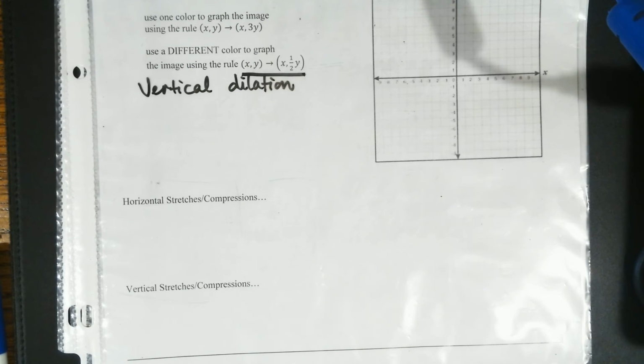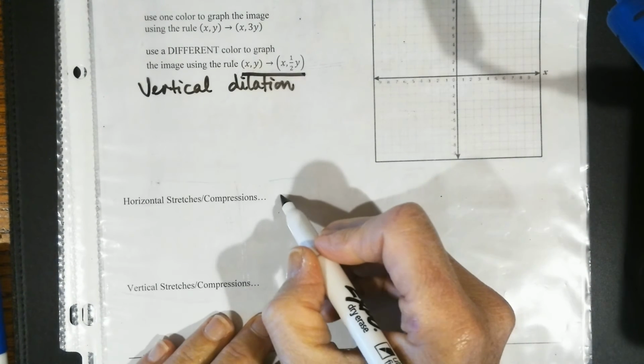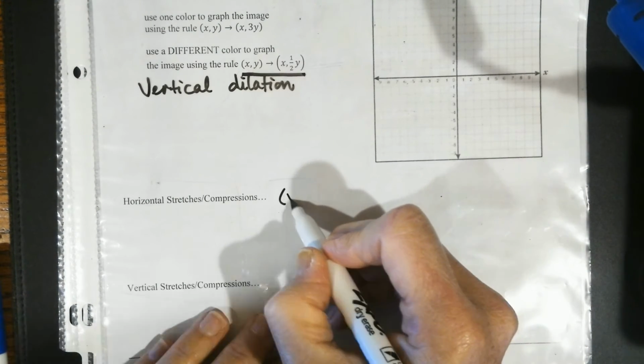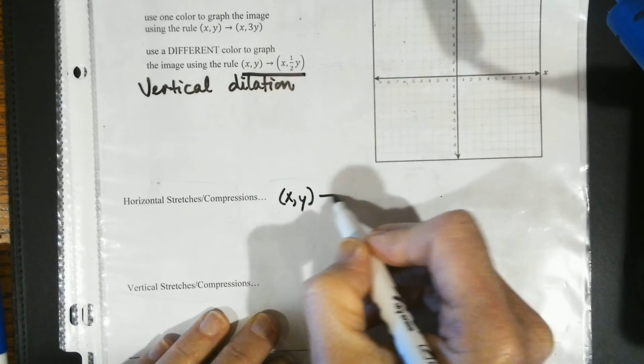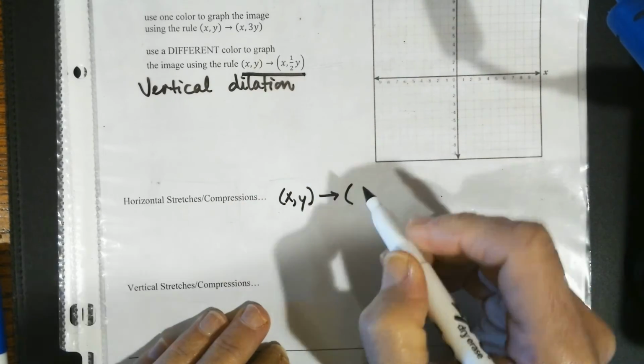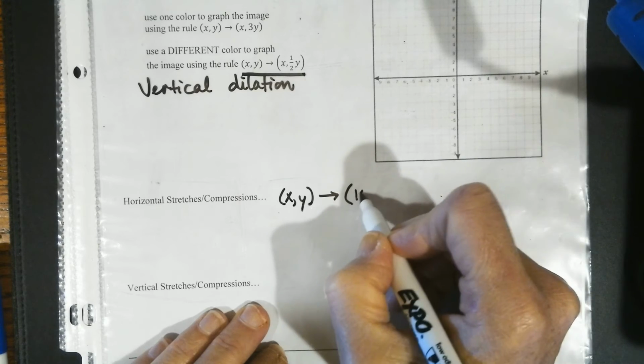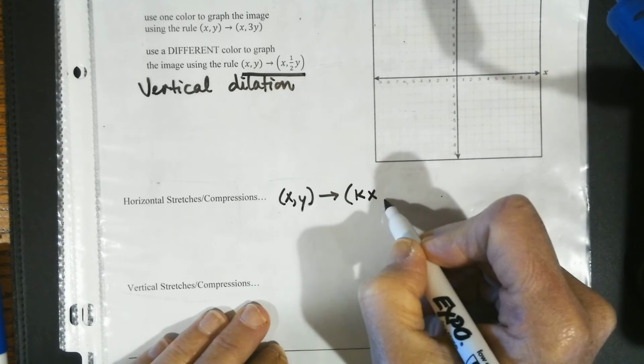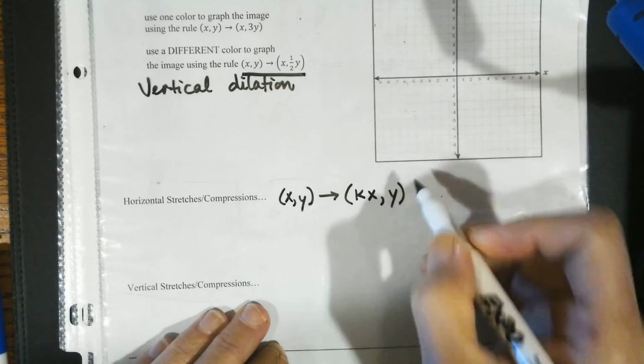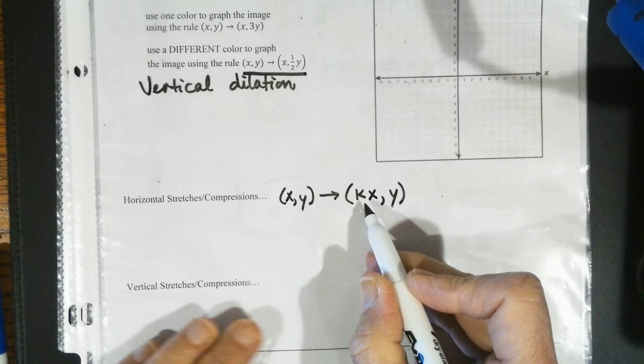But what I want you to do in your notes is just write down the rules here. So again, if it is a stretch or a compression, if you start with xy, the rule will be the k, or your scale factor, will multiply just the x.